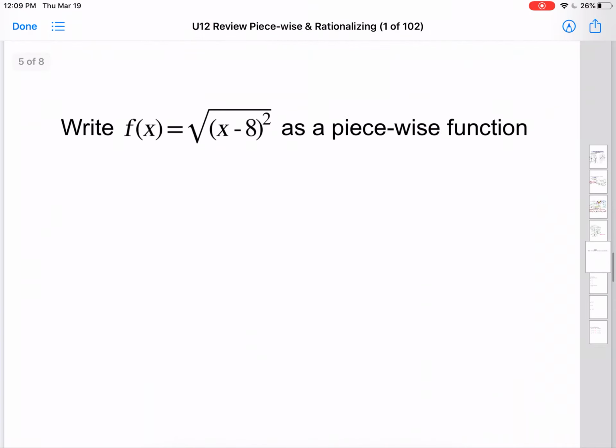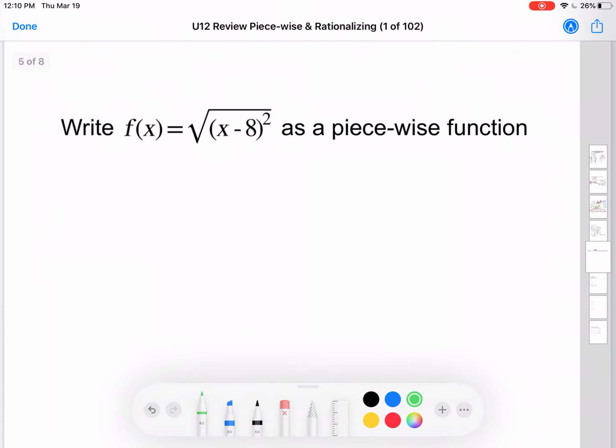So I'll show you how we would do an example of that. All right, so if I gave you f of x equals the square root of x minus 8 squared, and I wanted you to write it as a piecewise function, we would separate it. And now think about this.